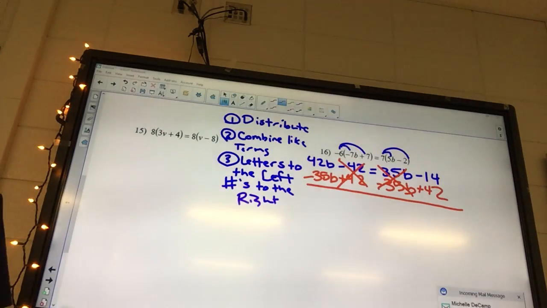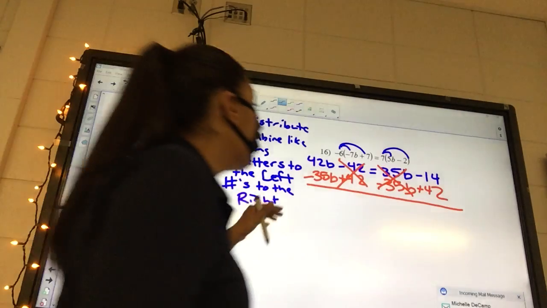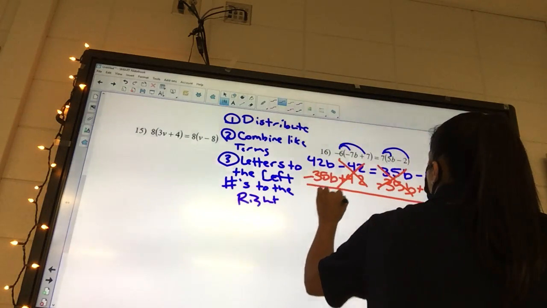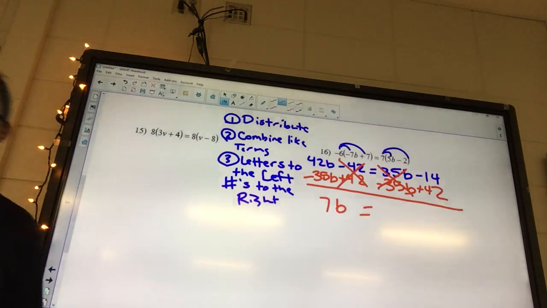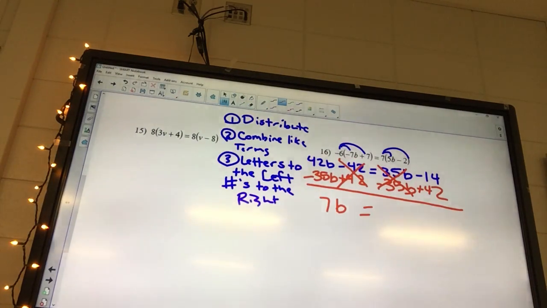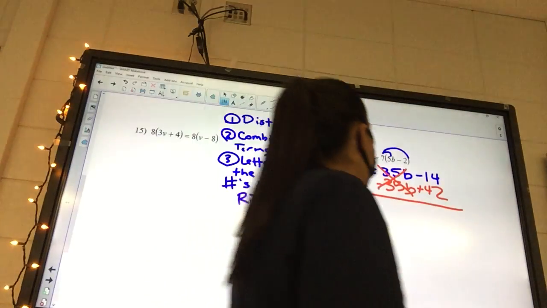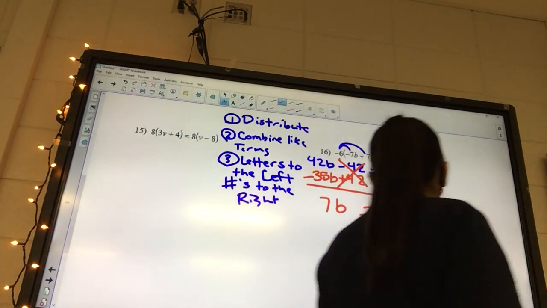So I got 42 minus 35, 7b. And then I got a negative 14 plus 42. So 28? I think it's 28. I could be wrong. I think it is too.